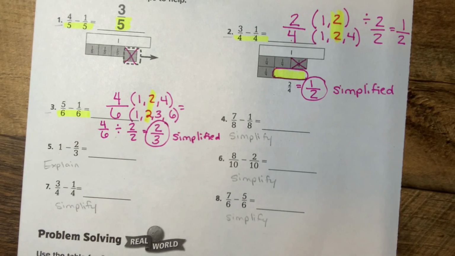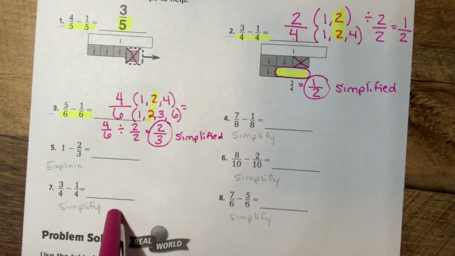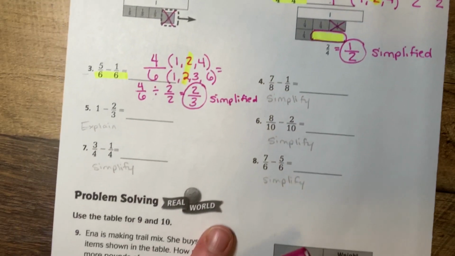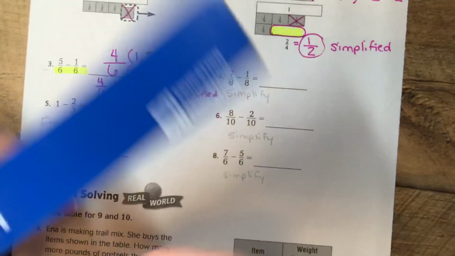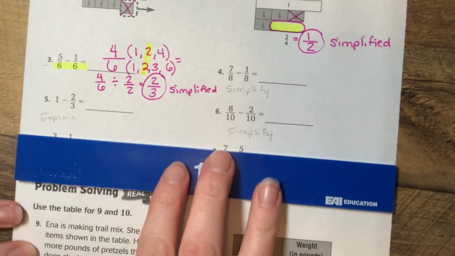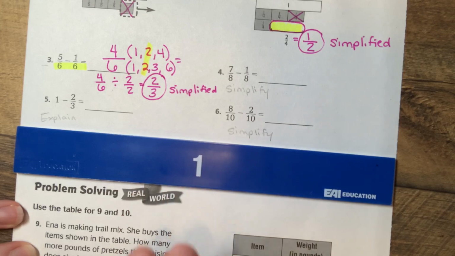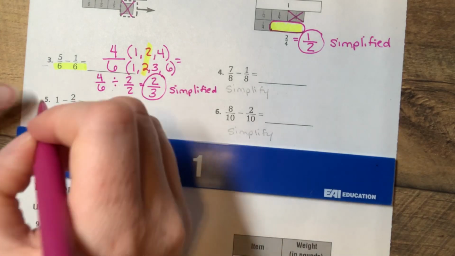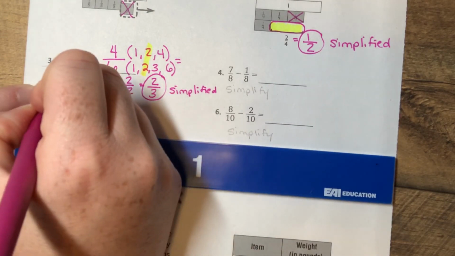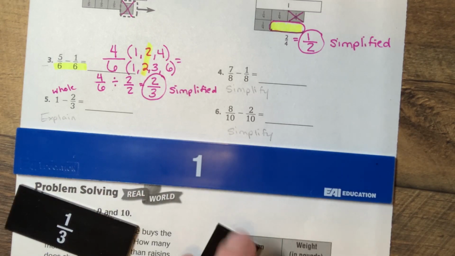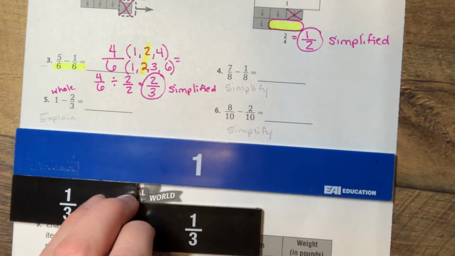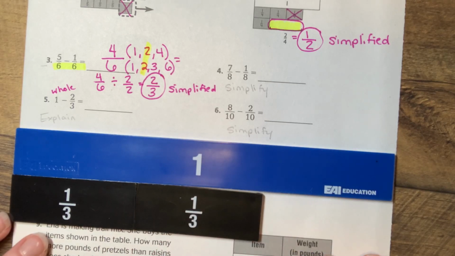you have to do, like I've already said, these, and you have to simplify them, but I'm going to explain number 5 to you. So number 5, I'm going to use a model. Number 5 says 1 whole. That's what this means. This big 1 means 1 whole. 1 whole, and we are going to take away 2/3.